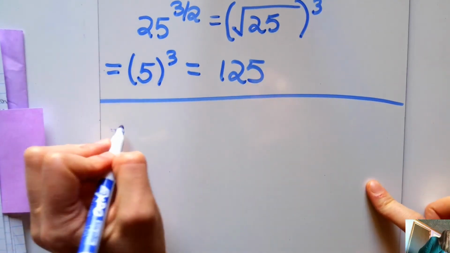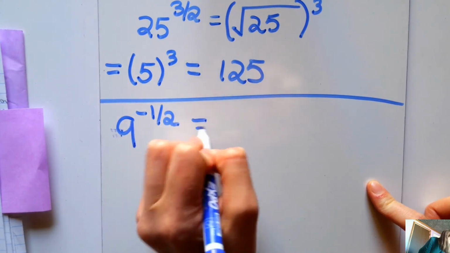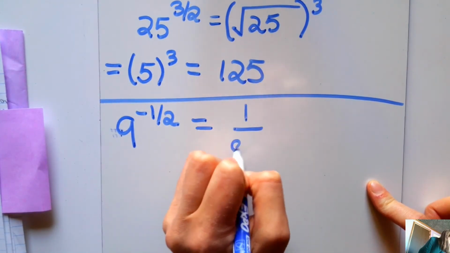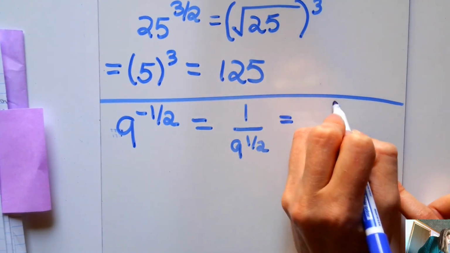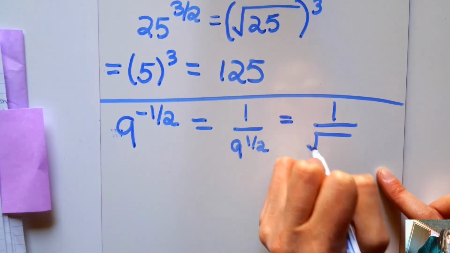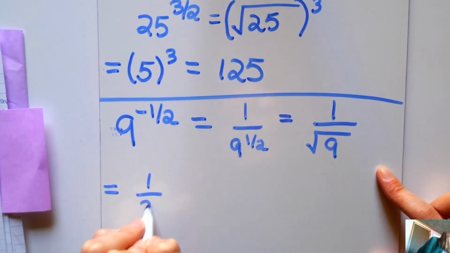Here's another example. Say we've got 9 to the negative 1/2. We can rewrite that as 1 over 9 to the 1/2. We can rewrite that as 1 over the principal square root of 9. And that becomes 1 over 3.